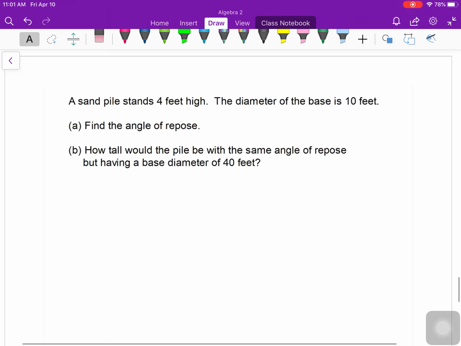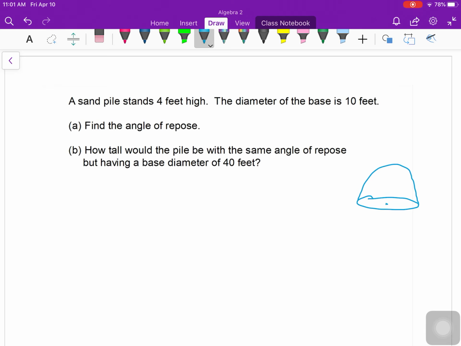All right, here's a story problem. A sand pile stands 4 feet high. The diameter of the base is 10 feet. So here's my pile of sand, and here's the base of my pile.